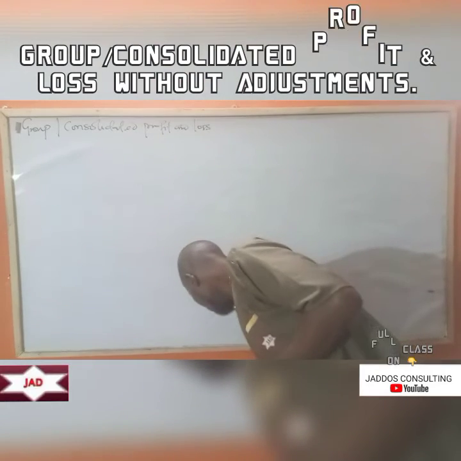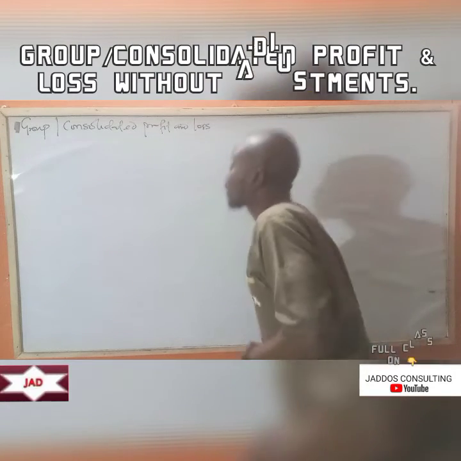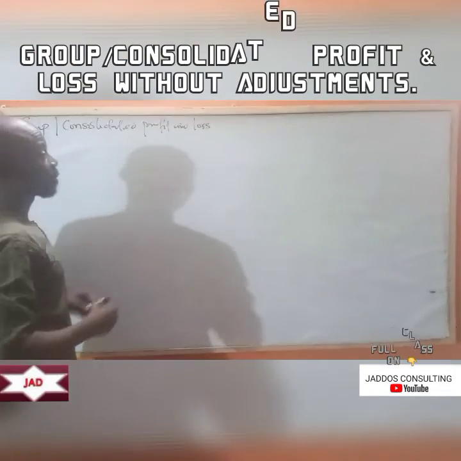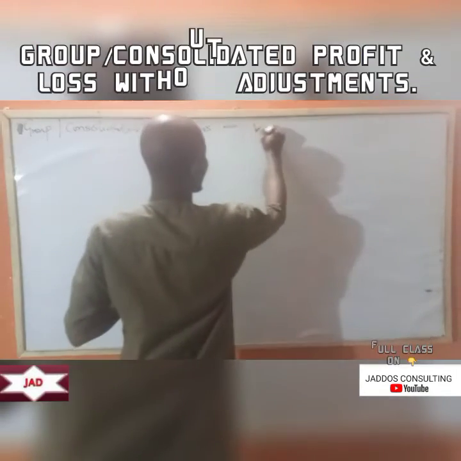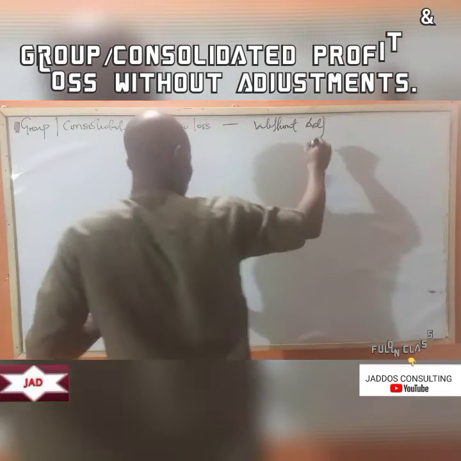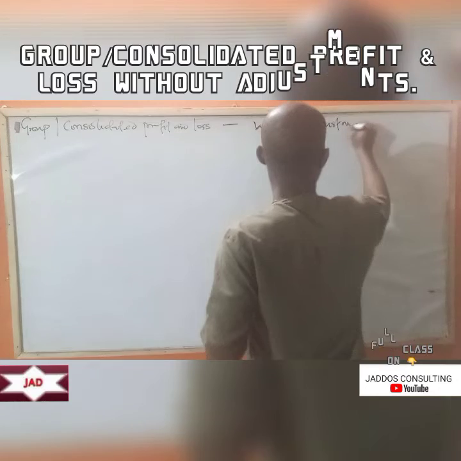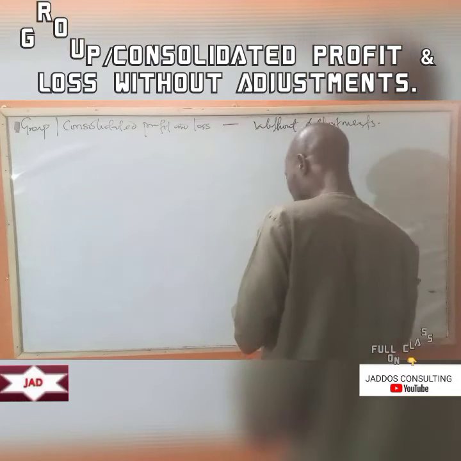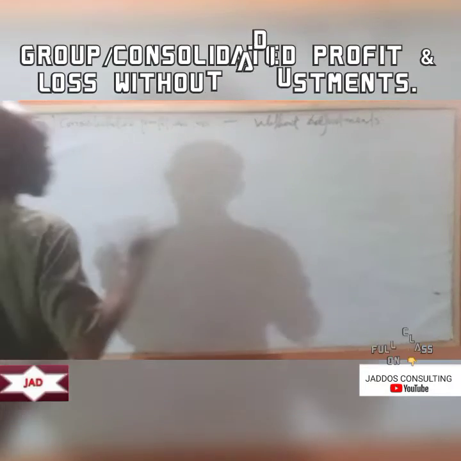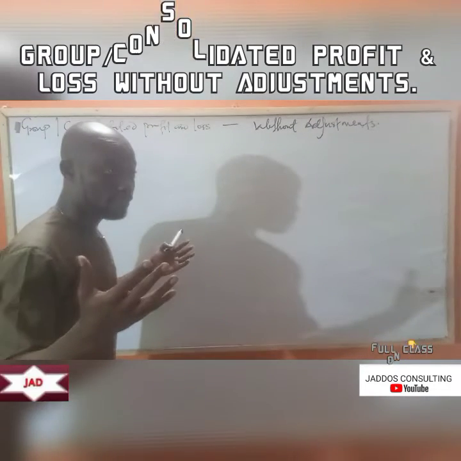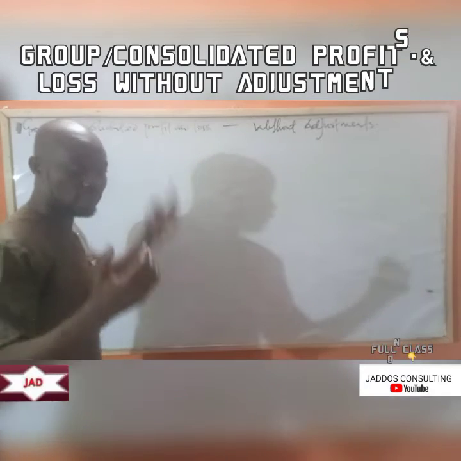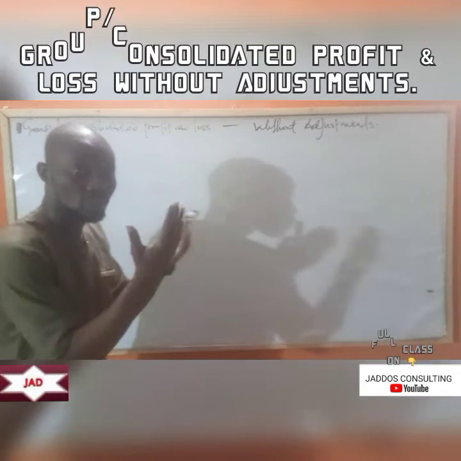So today we're looking at group or consolidated profit and loss account, but here we can just say without adjustments. It's simple. We're just bringing different profit and loss, that of the holding company and that of the subsidiary, to make it one.